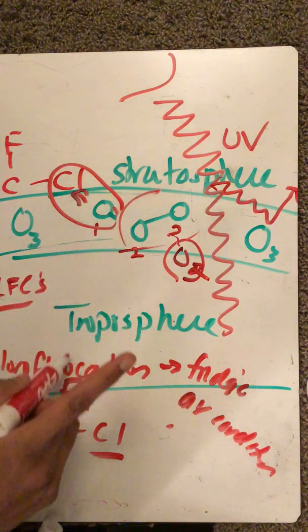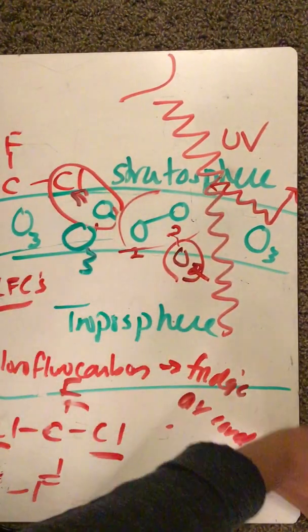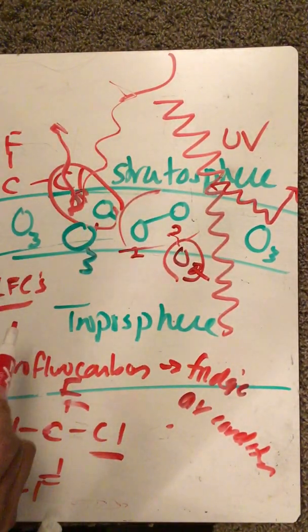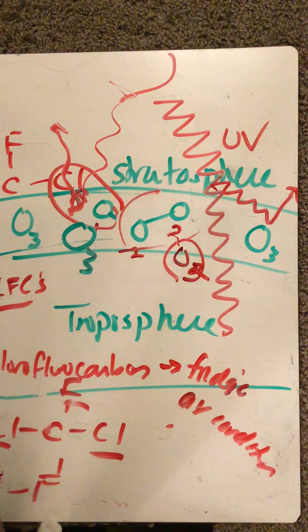So you don't want to destroy the ozone layer. You need the ozone layer to take all these UV rays and block them, right? O2 can't do the job. So they banned CFCs, and now we're starting to see the ozone layer kind of regenerate, come back to us a little bit, which is a good thing.